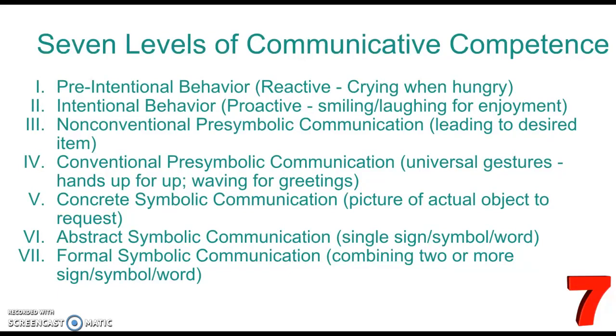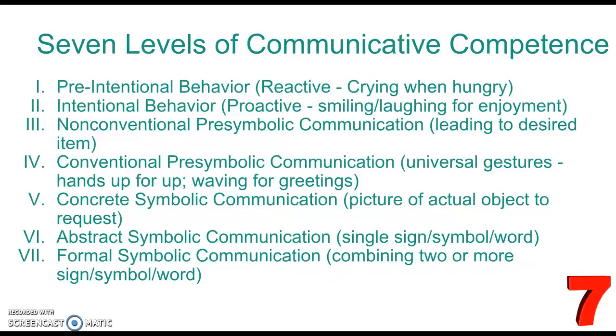The first level is the pre-intentional behavior, which is a reactive communicative process. For example, crying when hungry. The second is an intentional behavior. It is a proactive behavior, such as smiling or laughing for enjoyment. Intended communication starts at level 3.